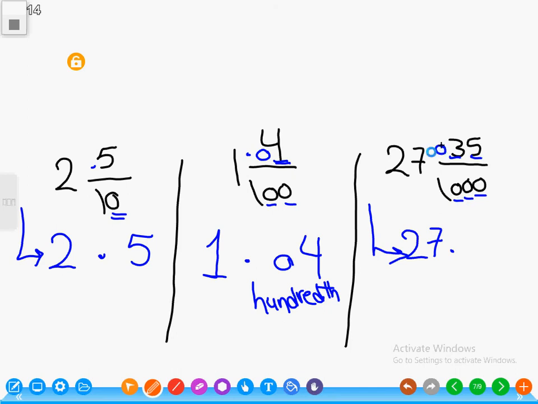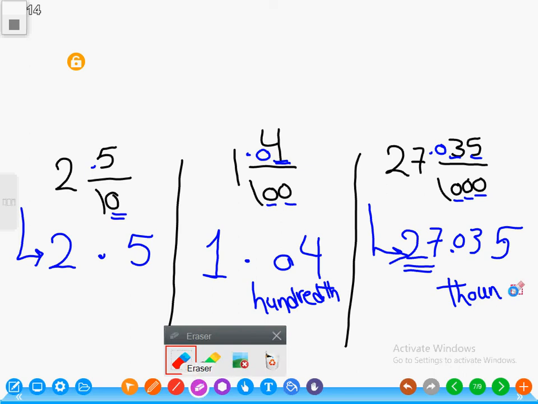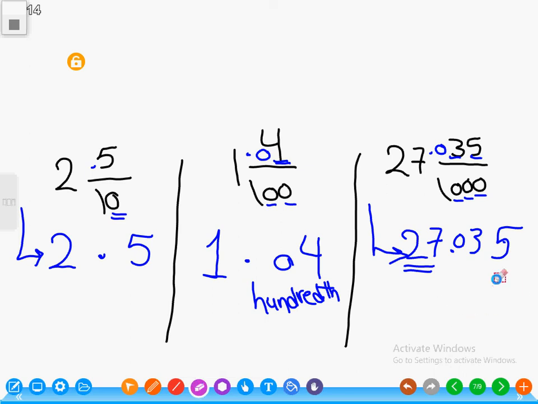So put zeros and put the decimal point here. 5, 3, 0. 27.35 thousandths.